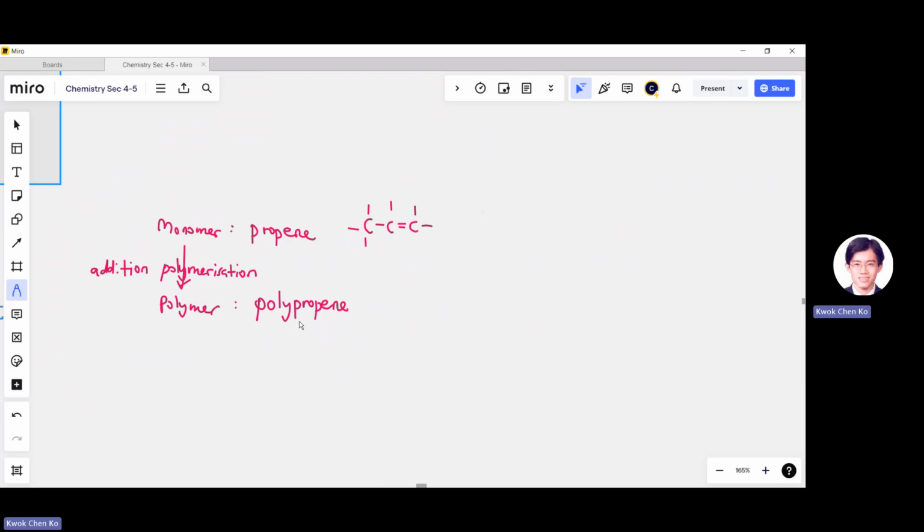But how do you draw the structure of polypropene? I give you a hint. In fact, I give you a strong advice. Remember that if you can. Now, this is not very friendly, I withdraw it. I concentrate on the double bond.